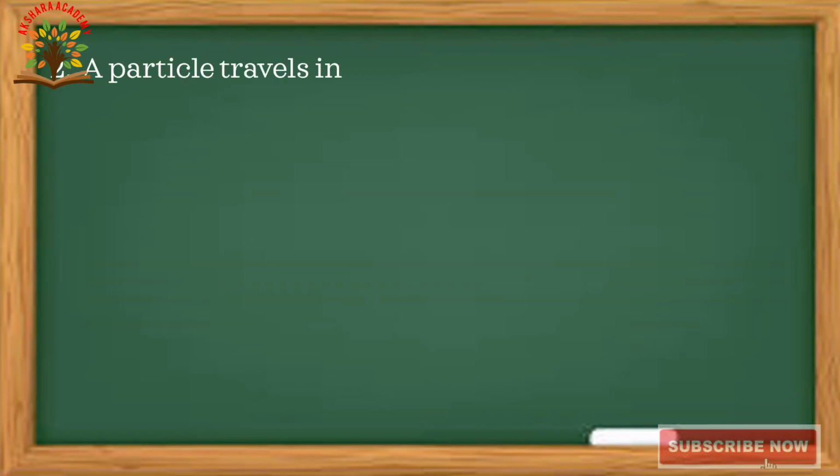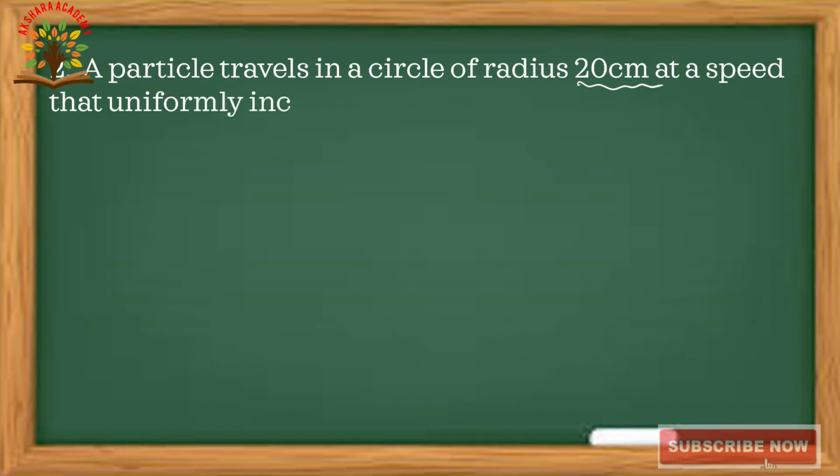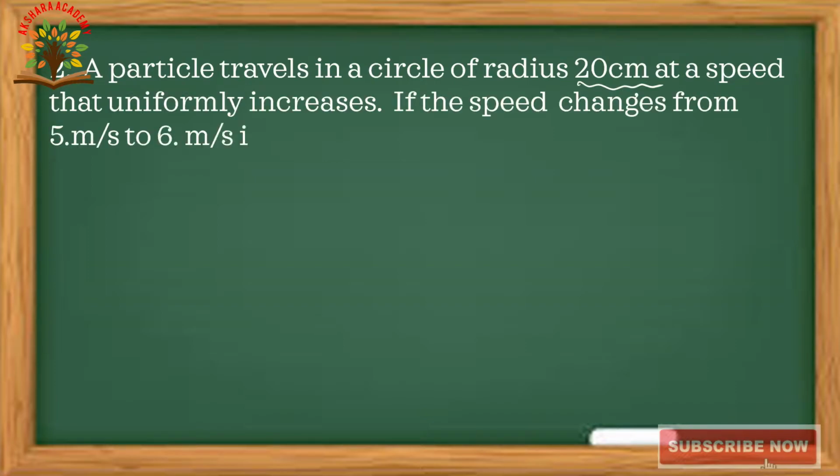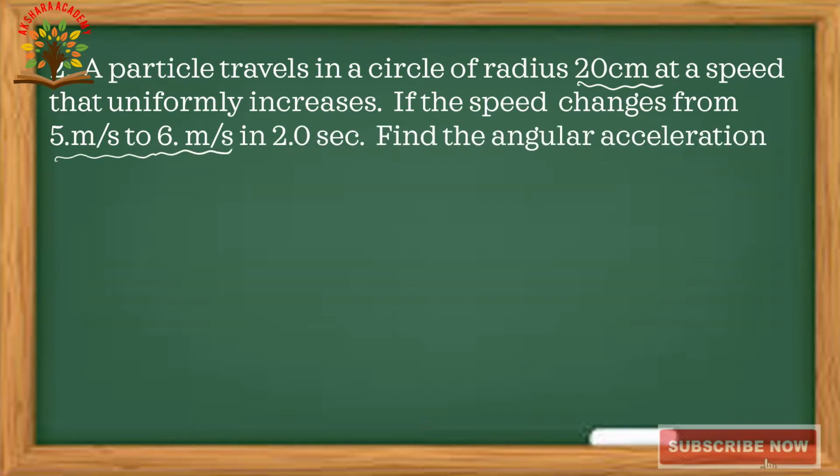A particle travels in a circle of radius 20 centimeters at a speed that uniformly increases. If the speed changes from 5 meters per second to 6 meters per second in 2.0 seconds, find the angular acceleration. So first let us go to the solution. Here they are asking to find the angular acceleration.